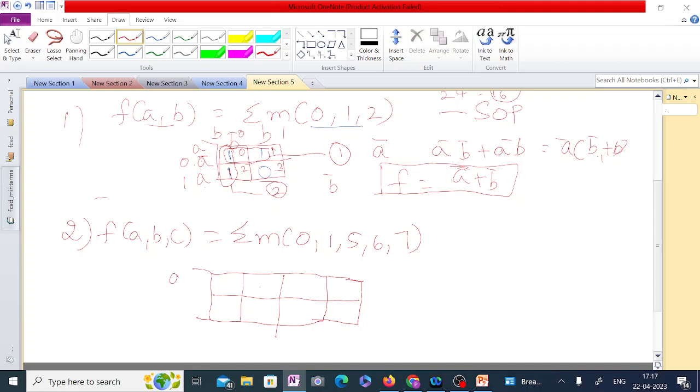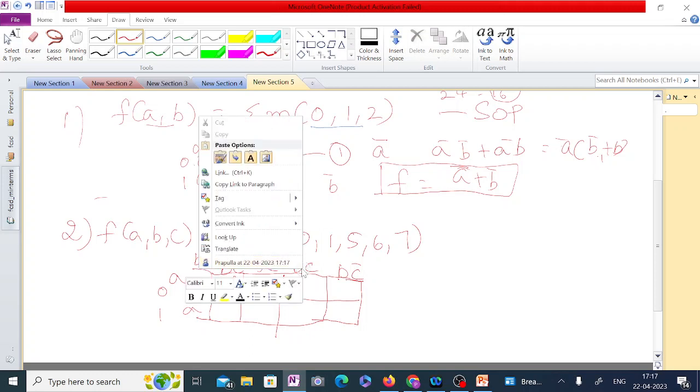If I take A here, if I take BC here, this becomes A bar, A, B bar, C bar, B bar, C, BC, BC bar. Here A bar, B bar, C bar is the 0th location because A bar is 0, this is 1. And this I've already discussed with you, why I wrote B bar, C bar, B bar, C, BC, BC bar. Instead of BC bar here, I've written BC.